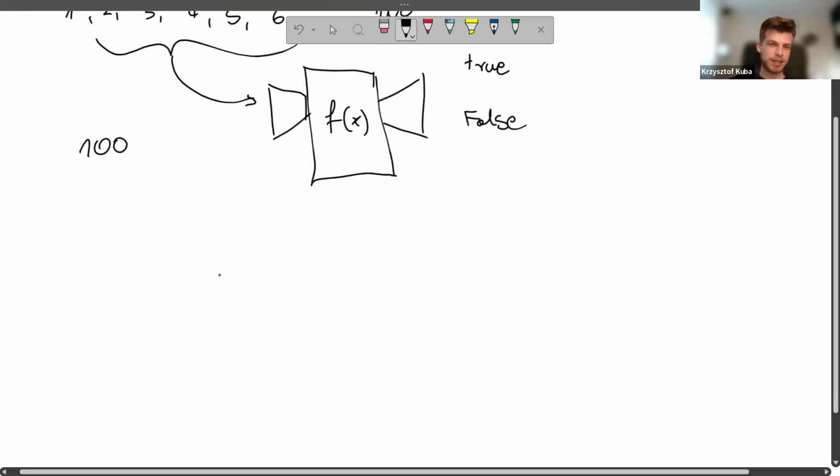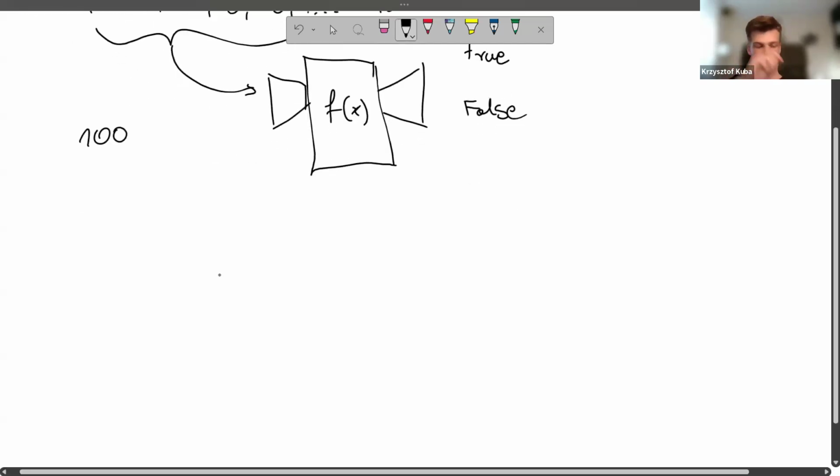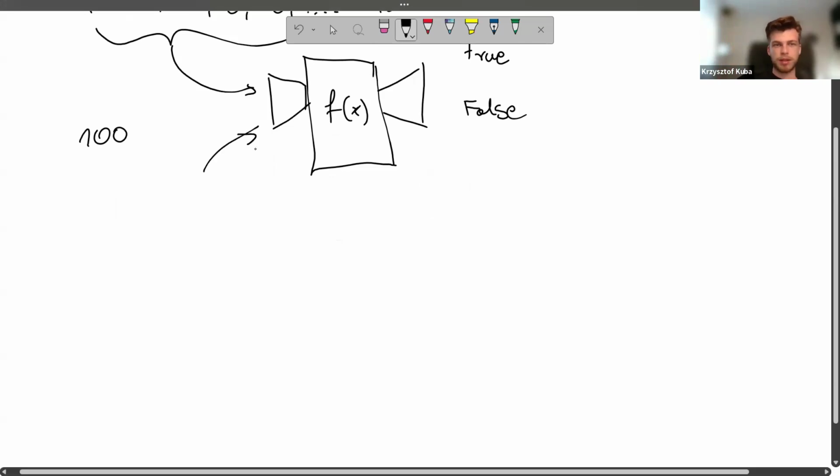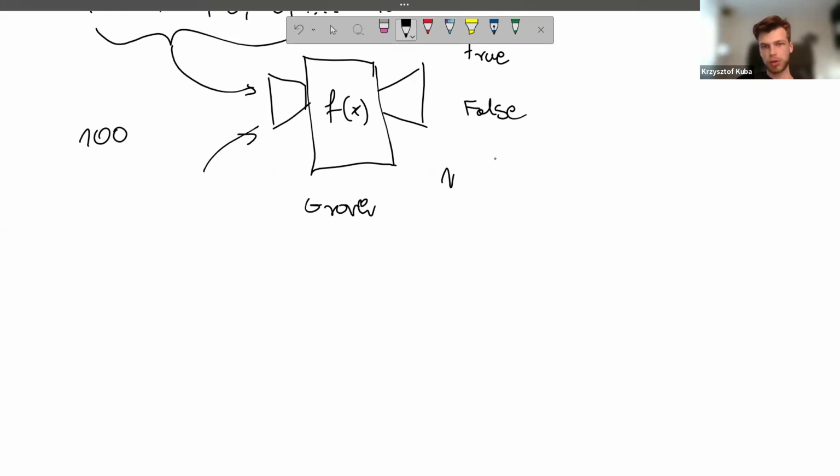So I assume that today we will go once again step by step through the Grover algorithm, because it's crucial to understand it for the max-cut problem. So in quantum computing, with the Grover algorithm, we will have just square root of n queries in the worst-case scenario.